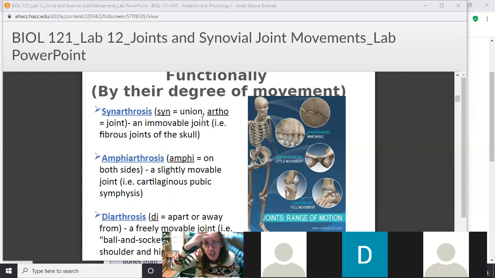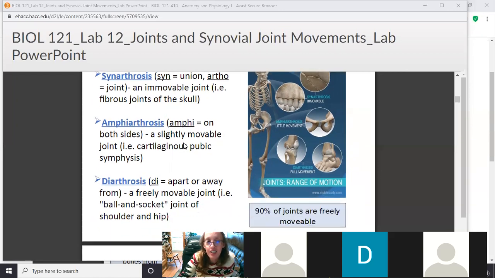And so when he was talking about synarthrosis, all my teeth, from right here over, are all movable joints at this point.